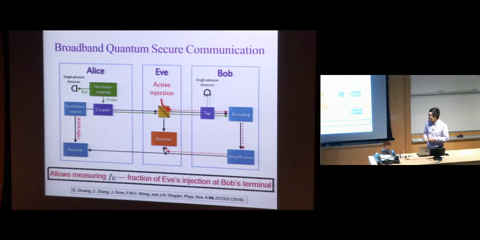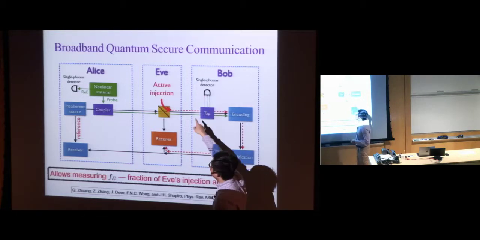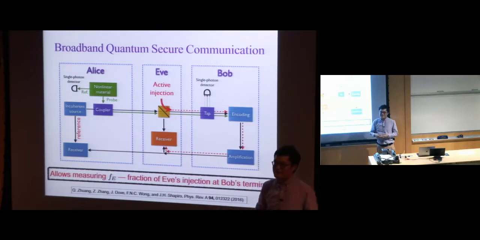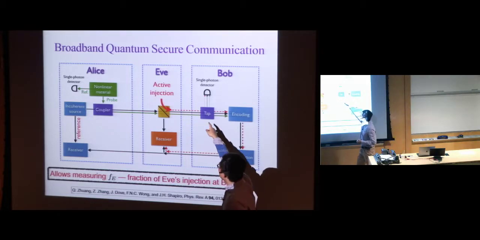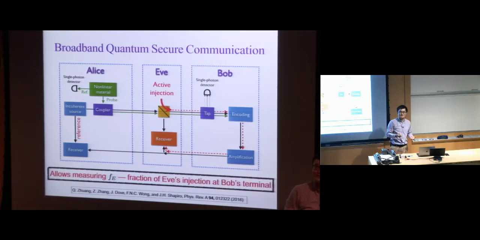From this simple cartoon, you can already see that only the photons in this green curve arrive at the same time as Alice's reference photon, because they come from the same quantum photon pair source. Anything Eve injected is not going to be correlated with Alice's reference because it comes from a different source.